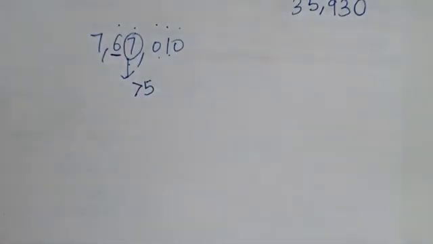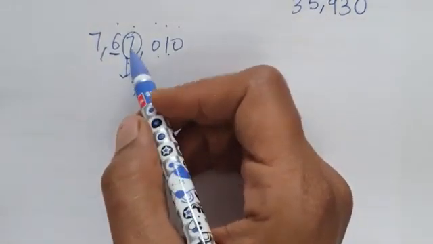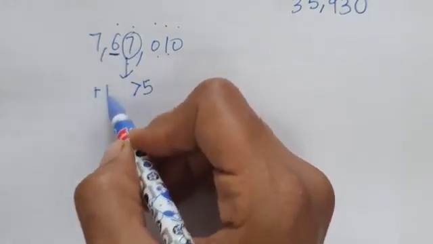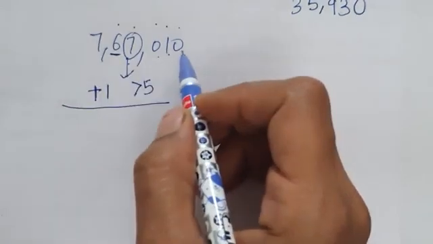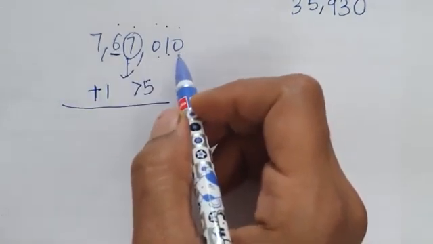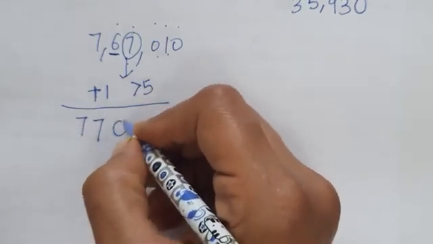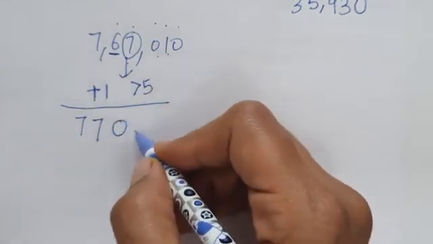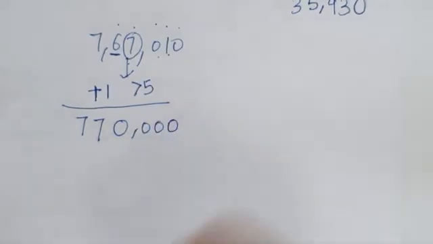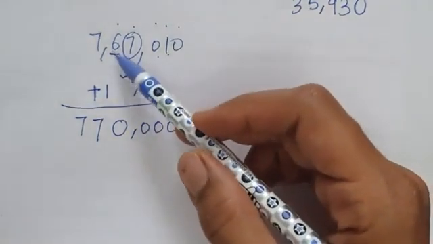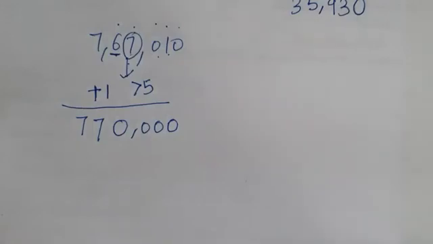So what we will do, listen carefully, we will just add 1 in the underlined digit, and then all the rest of the digits will become 0 only. That is 770,000. Means once we are done with the underlined digit, all the rest of the digits will become what?